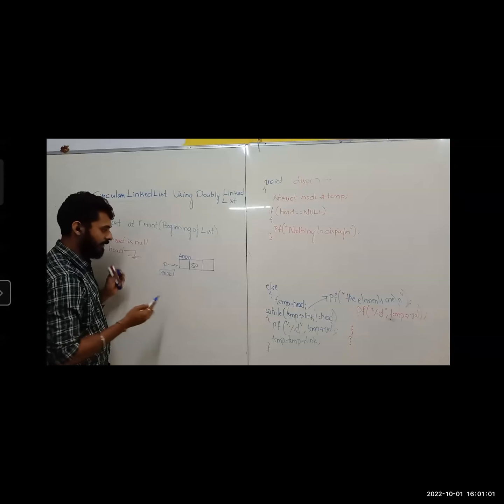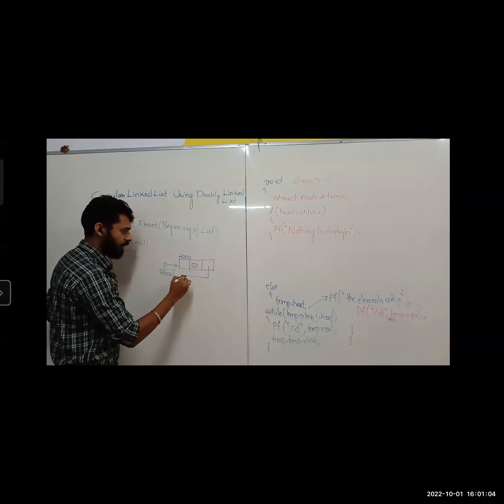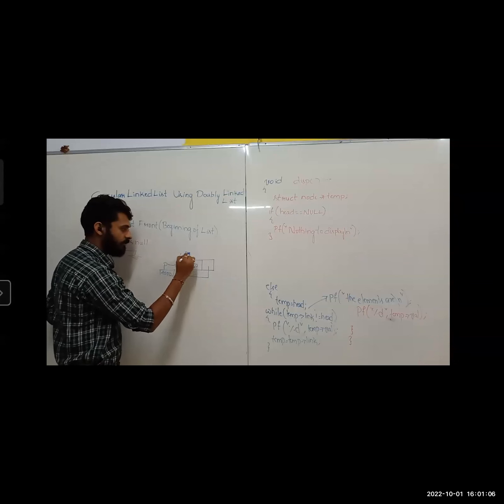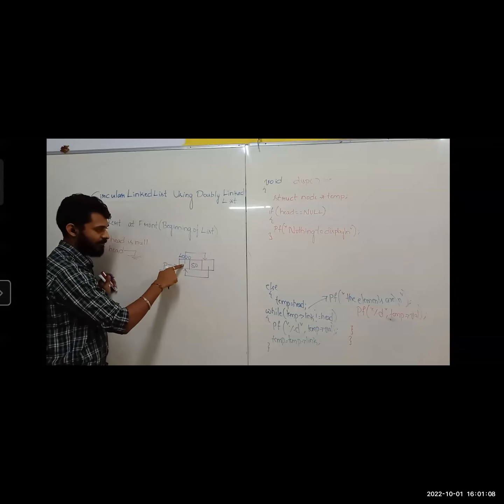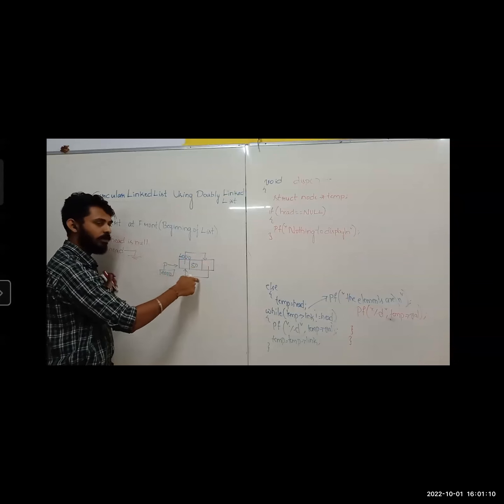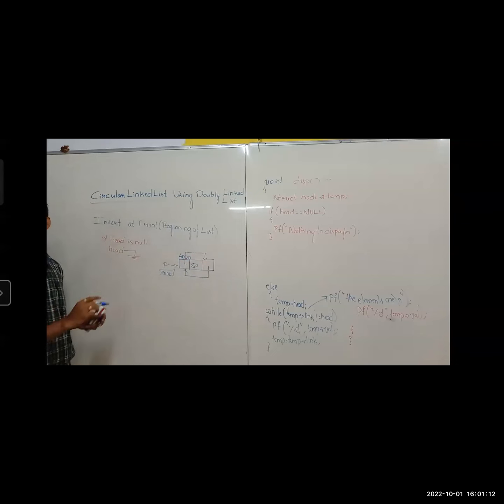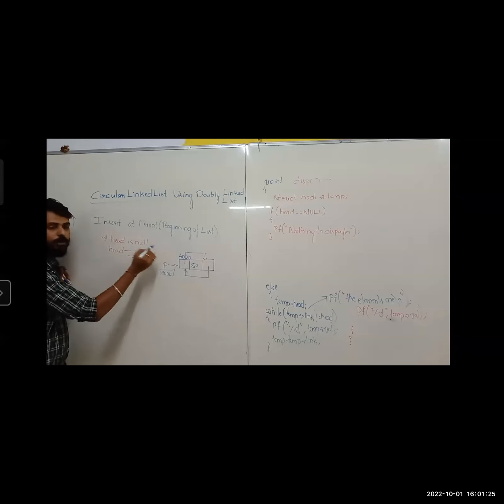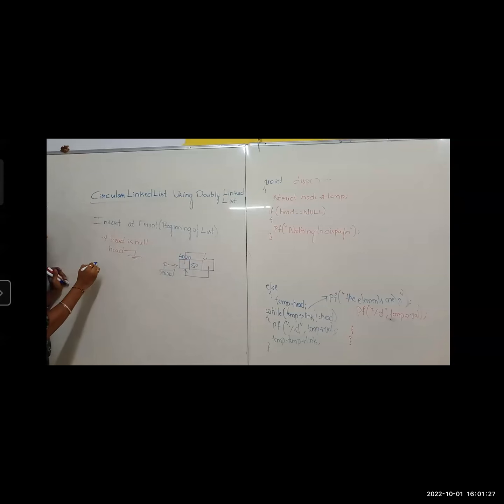So this one should be pointing to here and this one should be pointing to here. Both are pointing to P. It is not shown inside; it is pointing to that entire block. Clear? So if there are no nodes at all, it should be pointing to P. So that is the second case.